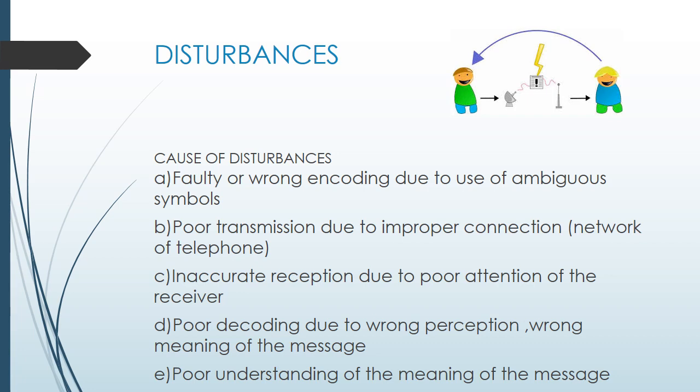Poor decoding, maybe he was attentive enough, but he didn't decode the message properly, then it will act as a hindrance, it will act as a disturbance, and communication will not get completed. Or it may be a hindrance at the last step, when the receiver doesn't understand, doesn't interpret the message clearly, then also it can act as a disturbance.